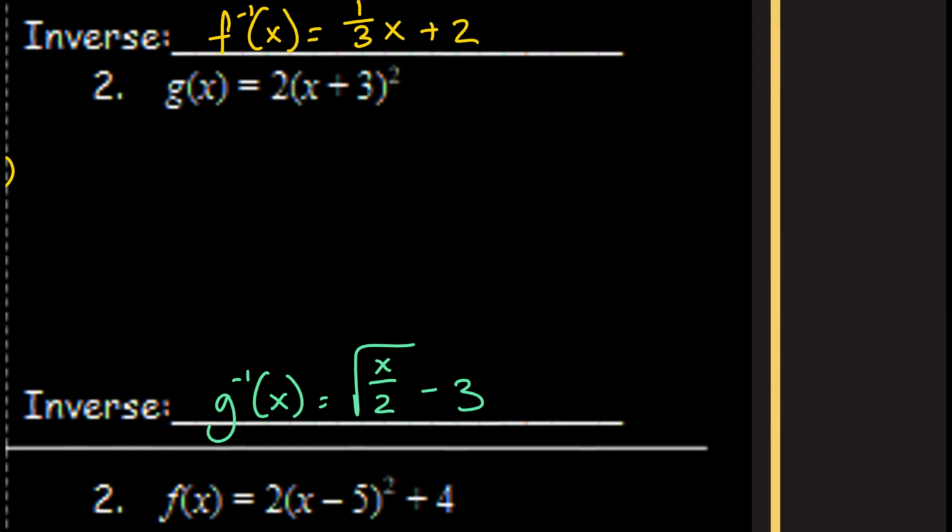First thing is change g of x out for y, and then switch x and y. I'm just going to combine that into one step and immediately switch x in for y and y for x.